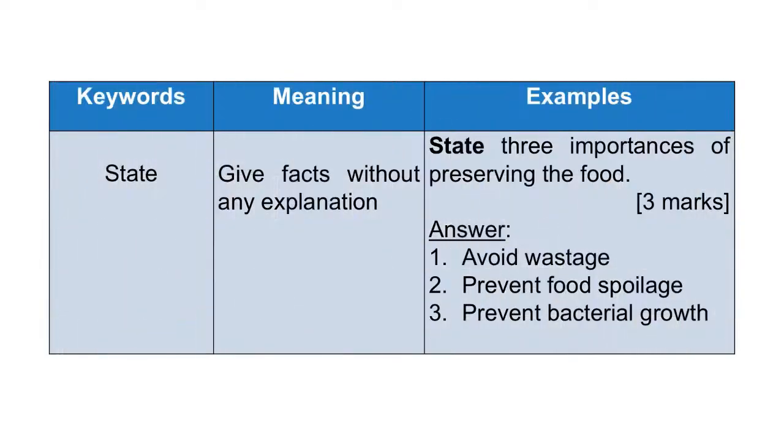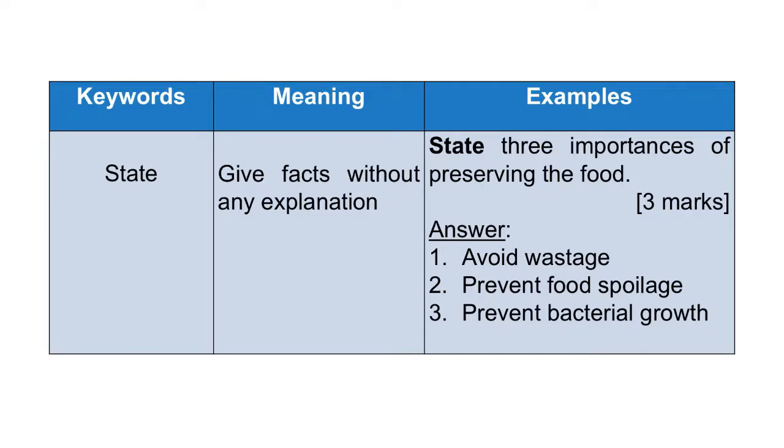Next keyword, state. Example of question: state 3 importances of preserving the food. This is a 3 marks question. To answer this question, you need to give 3 facts without any explanation. We look at the sample answer. Number 1, avoid wastage.